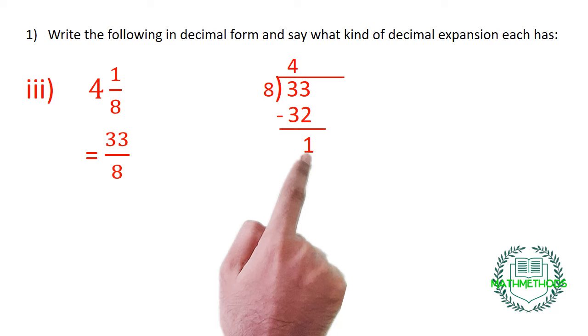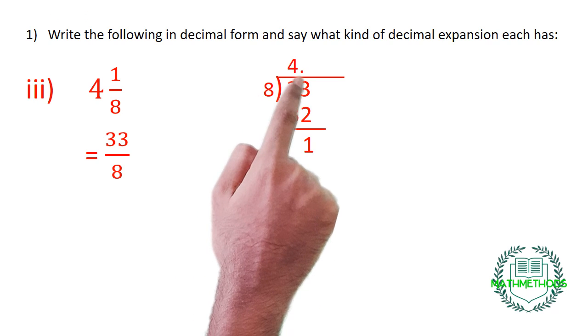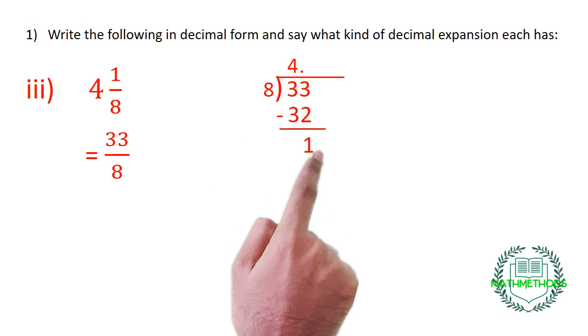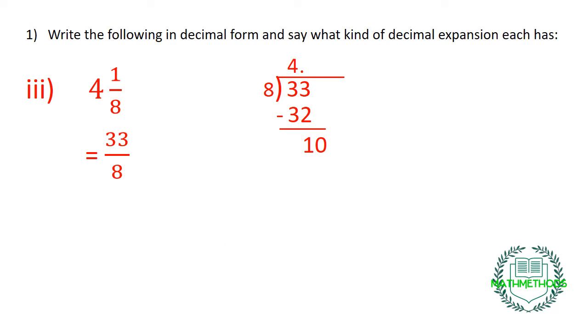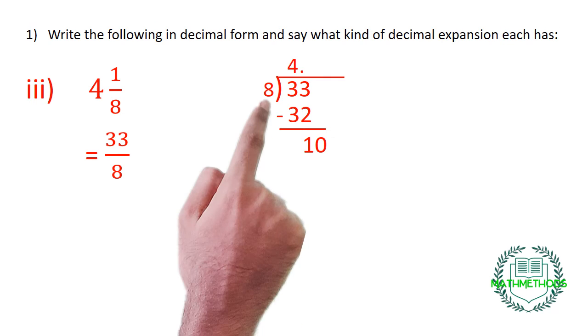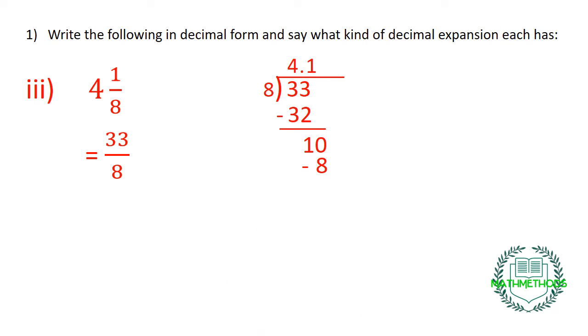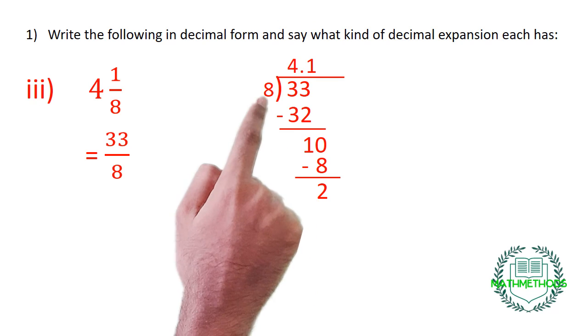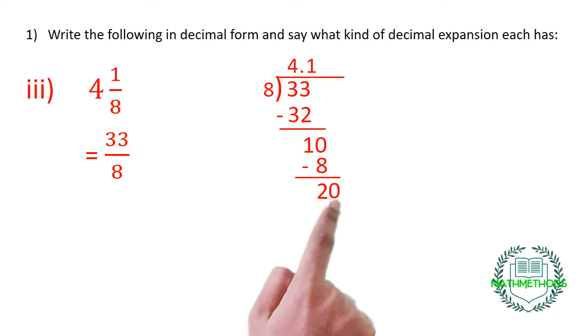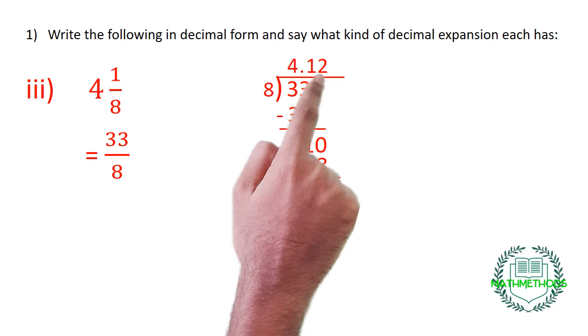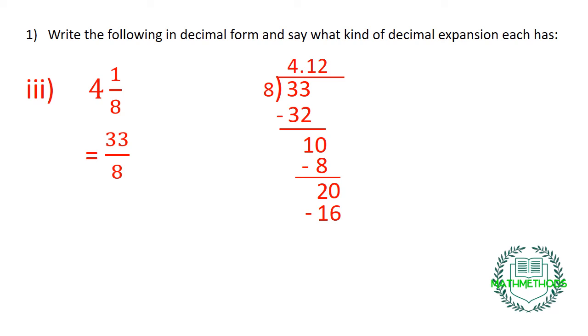Since 1 is smaller than the divisor 8, take a decimal point in the quotient and add a 0 in the remainder. Now we have 10 in the remainder. So we can divide: 8 ones are 8. 10 minus 8 equals 2. Since 2 is smaller than 8, we add a 0 here, and now we have 20 divided by 8. 8 twos are 16. 20 minus 16 equals 4.